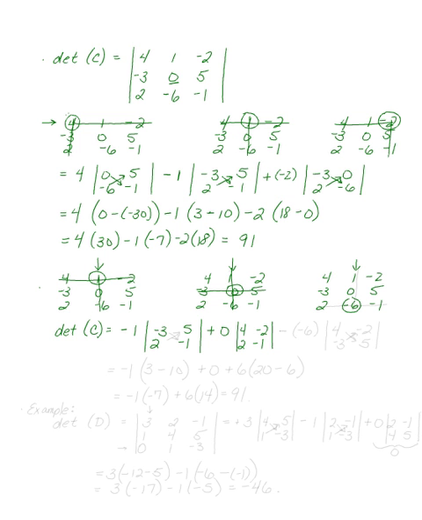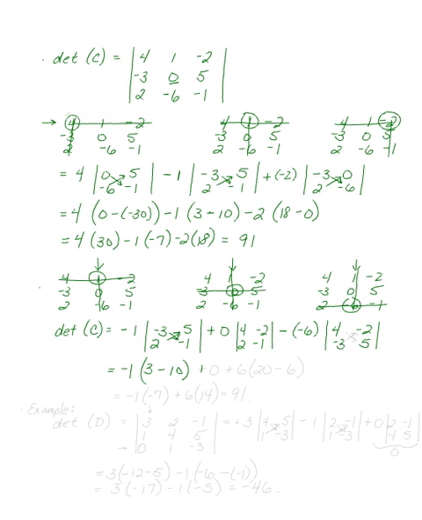If the signs matrix says that's going to have a negative associated with it, we'll have our negative 6. And then our smaller determinant is the determinant of the matrix 4, negative 2, negative 3, 5. At this point, we're just doing the math. So we've got negative 1 times the determinant of the smaller one: negative 3 times negative 1 is 3, minus 2 times 5, which is 10.